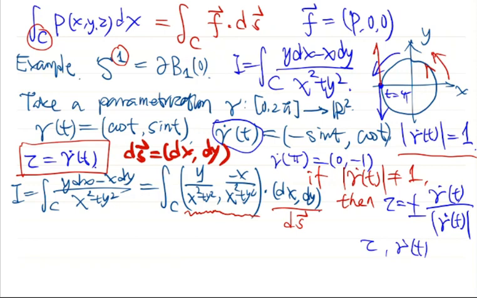So the first step is to write this into the standard form of a flow integral, and then, using the definition of a flow integral, this can be converted into a line integral. That is, the flow integral is the integral of the vector valued function, (y over x squared plus y squared, minus x over x squared plus y squared), dotted with tau.